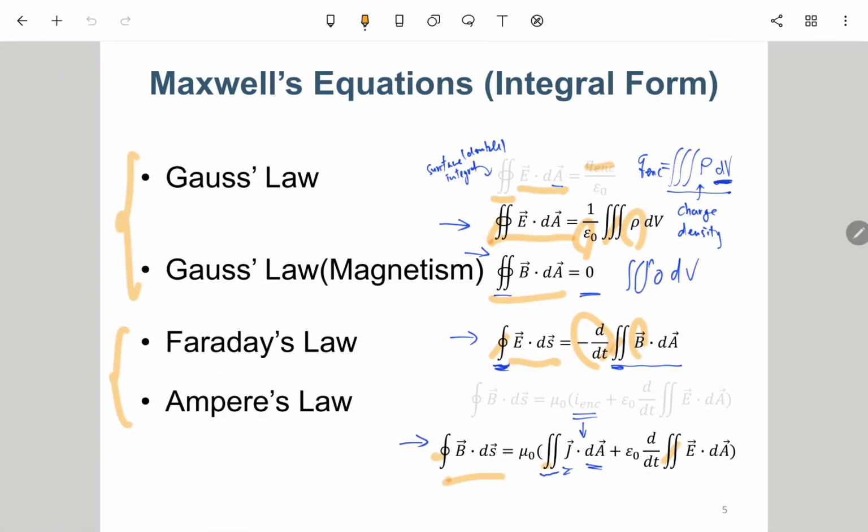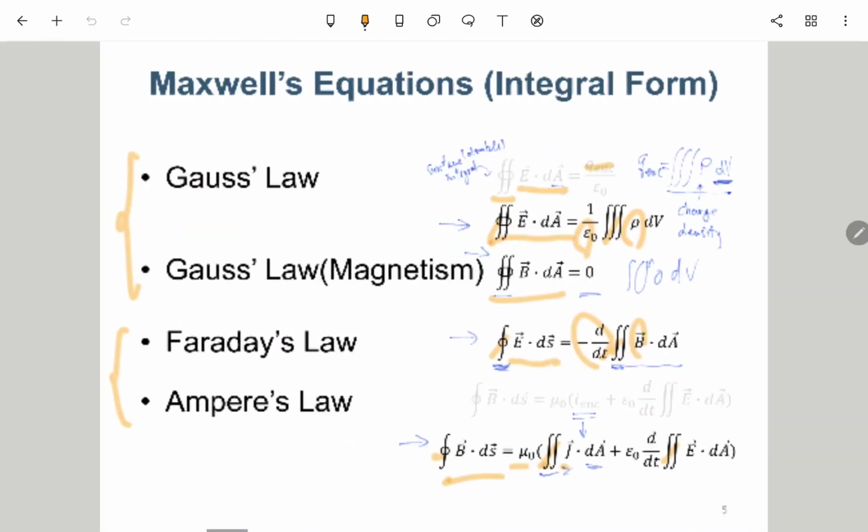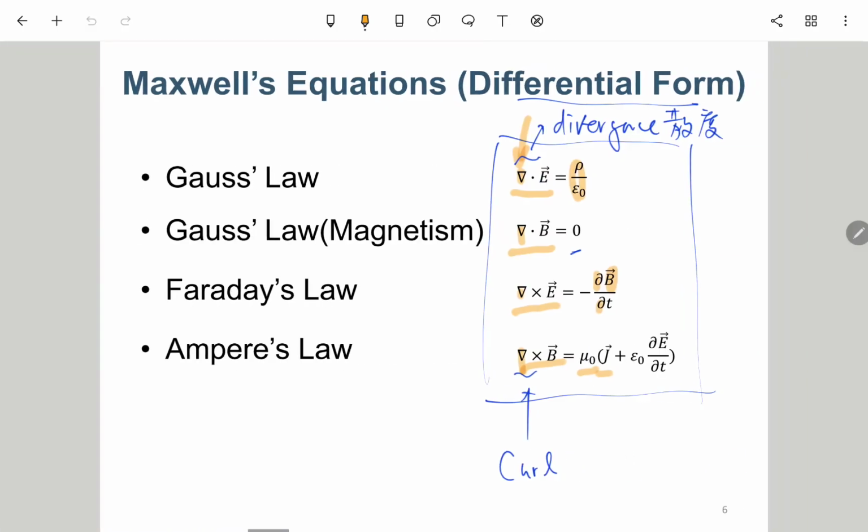Here also we skip the integration sign. We have mu j, and finally we have mu epsilon naught, partial E partial t. So you can also see quite a lot of similarity.